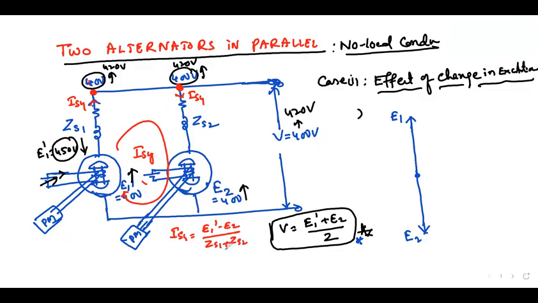When the excitation of the second machine is reduced, E2 definitely reduces. But when E2 reduces, ISY will increase. When ISY increases, there is still more demagnetization on the first machine. On the second machine, of course, it is magnetization. But the difference is decreasing. The difference is going to be reduced.